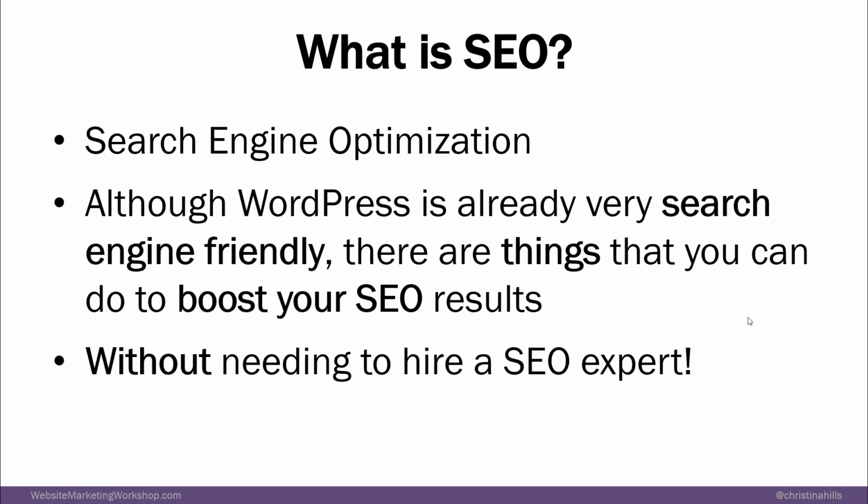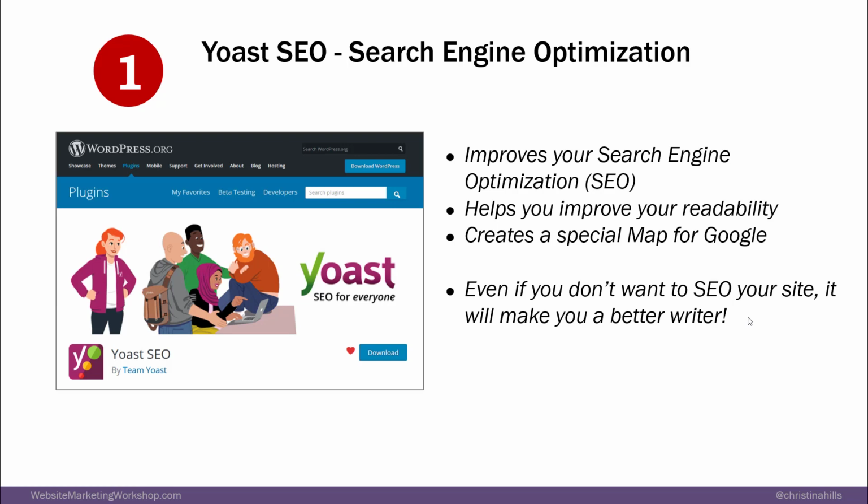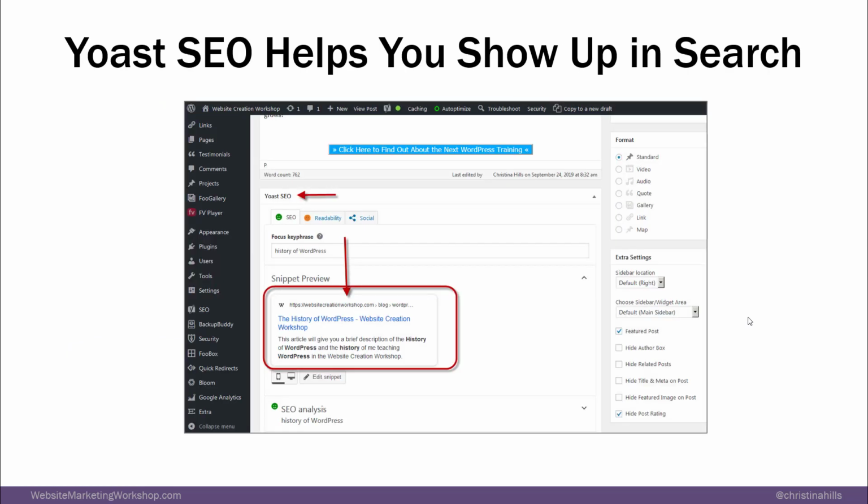SEO experts are very expensive. So my first one is Yoast SEO. There are a couple of others, but Yoast is really popular, and it helps you not only improve your search engine optimization, it also helps improve your readability on your site, and it creates a special map for Google. And even if you don't want to SEO your site, it's going to make you a better writer.